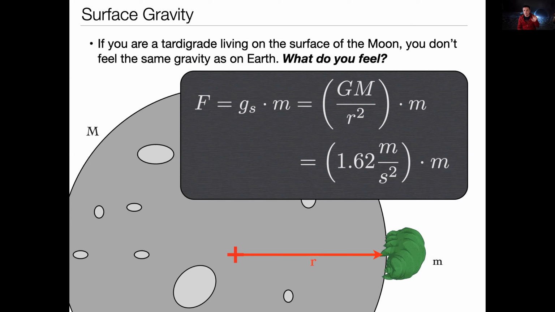Now this is important for us because the gravity of a world tells you a lot about the environment that an organism is going to experience. How strong is the gravity that it has to resist and operate under? It is the gravity of a world that will tell you about the conditions on that world. For instance, if the surface gravity is too low, the world can't hold on to its atmosphere.